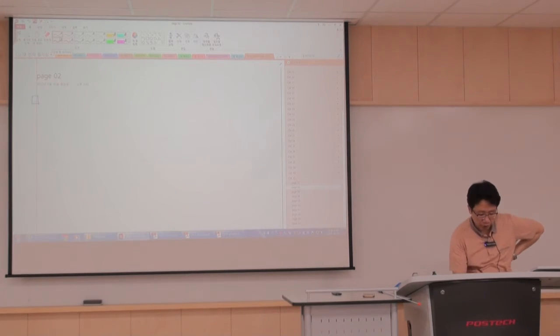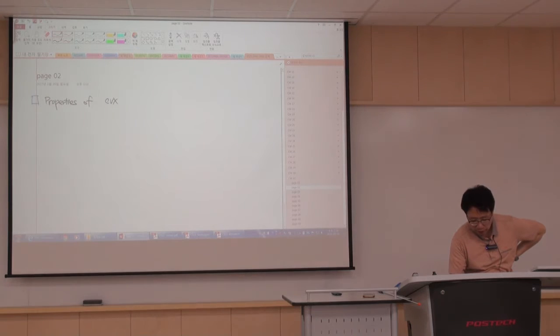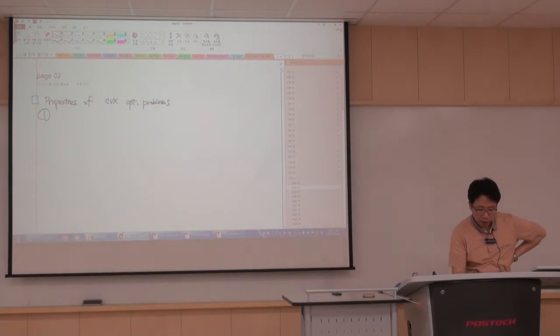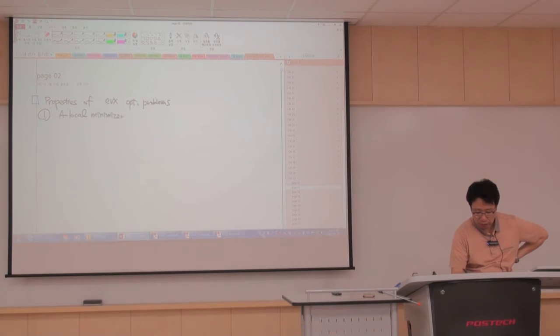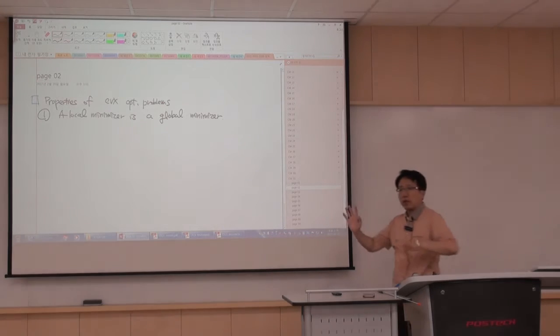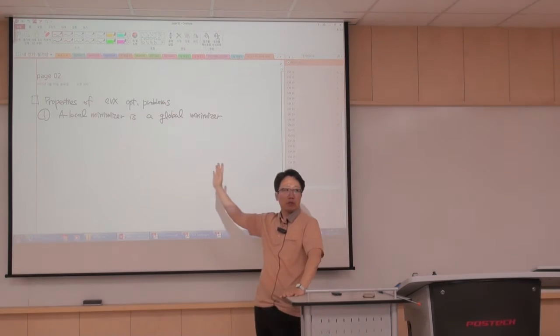So the first one is the important properties of convex optimization problems. The first one is this: a local minimizer is a global minimizer. See that I'm talking about the general convex optimization problem.